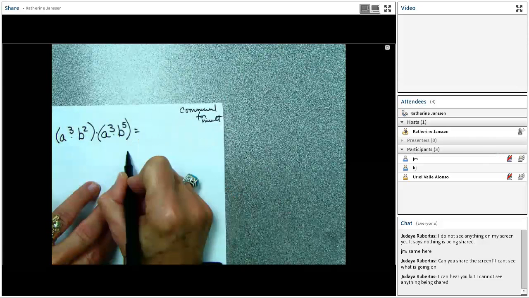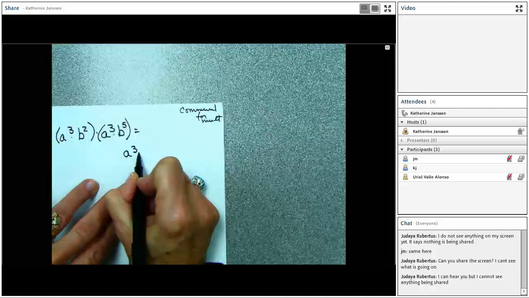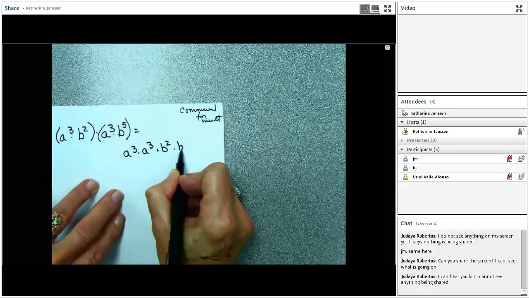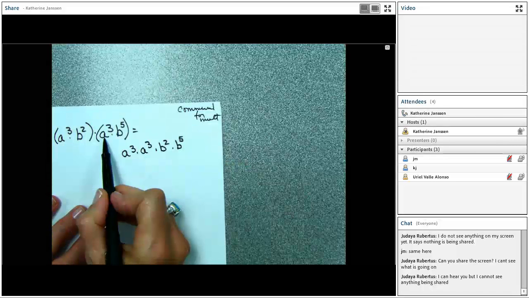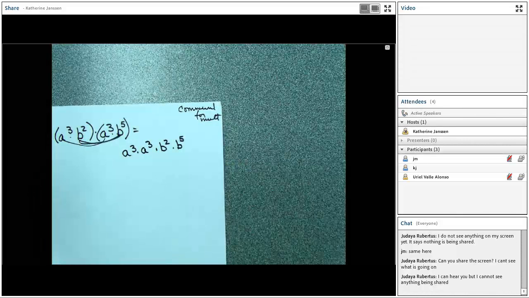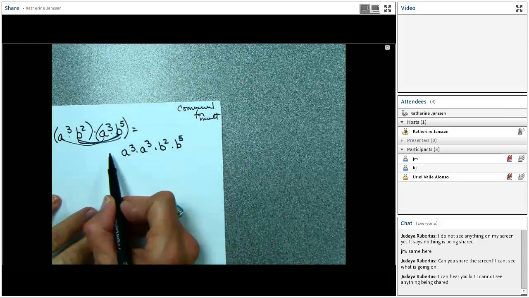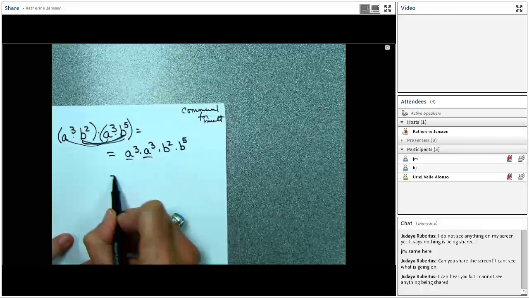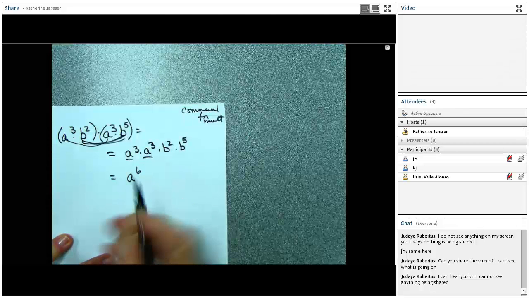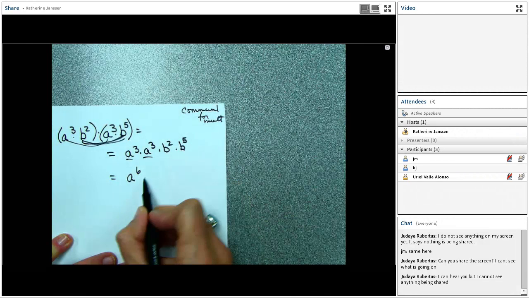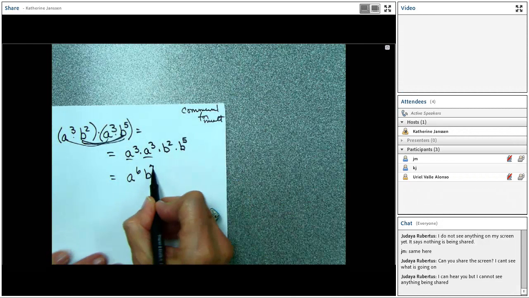So I can rewrite this as a cubed times a cubed times b squared times b to the 5th. I just kind of collected my a terms and my b terms. And now I have my product rule, same base in multiplication, add the exponents.